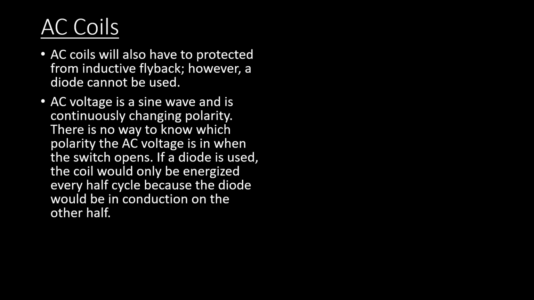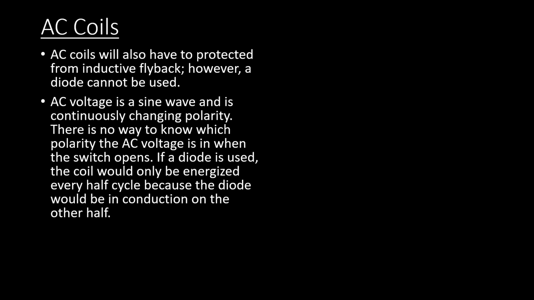If I would use a diode, the coil would only be energized every half cycle because the diode would be conducting on the other half. And that may make it so that the diode doesn't really work, or the inductor won't really work.